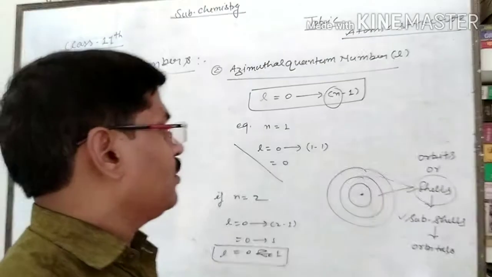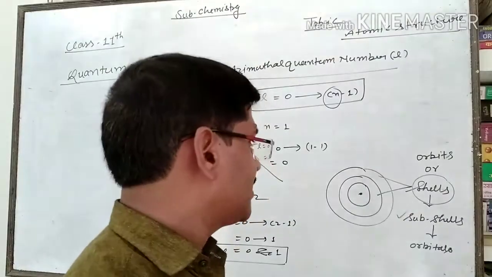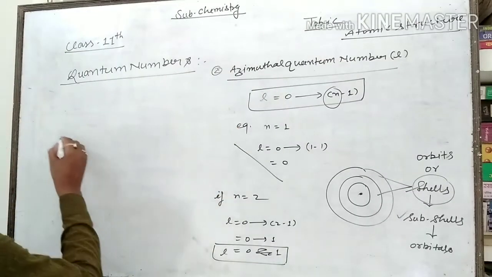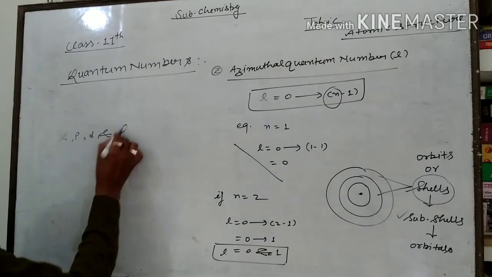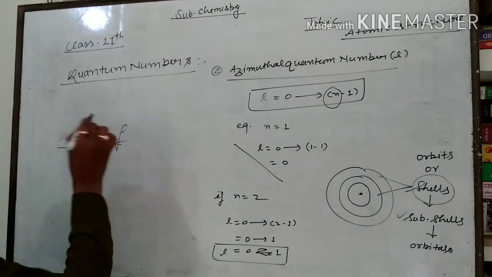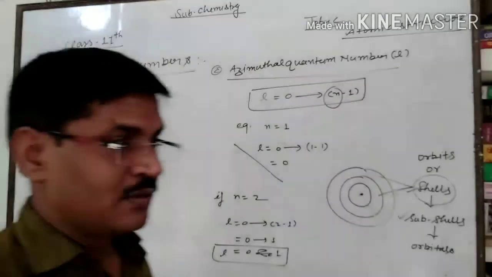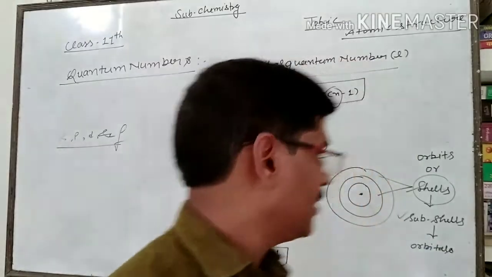As all of you know, cells have subcells, and subcells are represented as S, P, D and F. So how will you find which one will be the subcell?